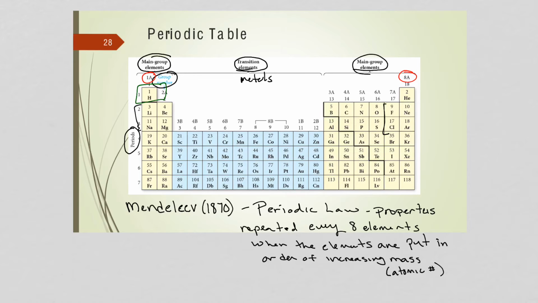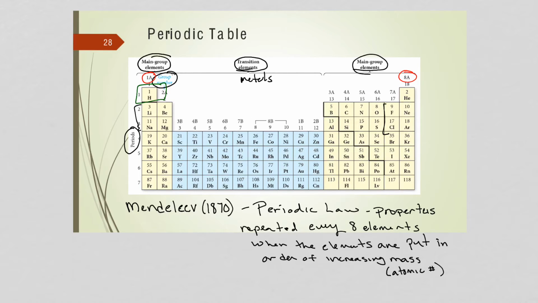So group 1 in reality starts with lithium, and the repeating elements go down from there. So hydrogen is kind of a free agent in the periodic table. It doesn't really fit in any particular group. We just most often will put it at the top of group 1. So this is one way that we can organize the periodic table.